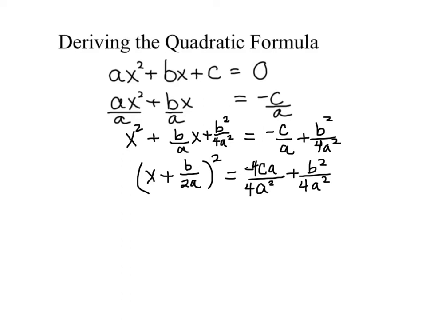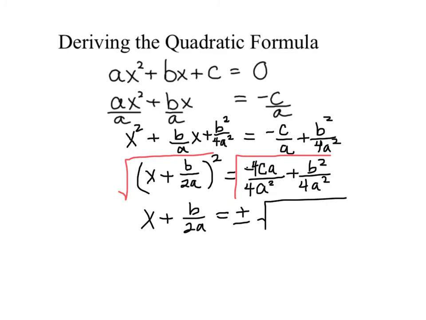Now the point here is to take the square root of both sides. That's going to yield x plus b over 2a equals plus or minus the square root of b squared minus 4ac over 4a squared.